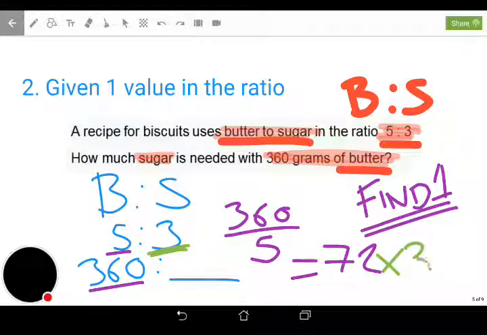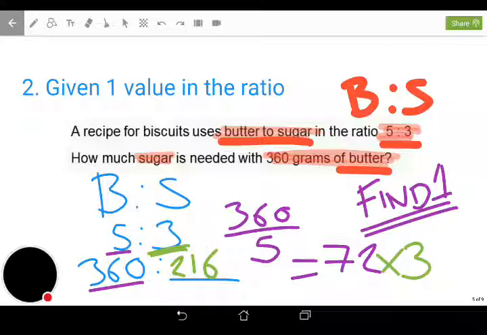So I get my 72 and I times it by 3 and I get 216. And that's how much sugar I need to go with the 360 grams of butter.